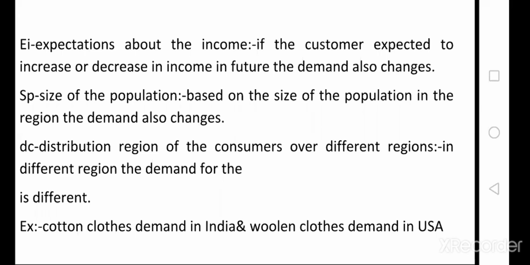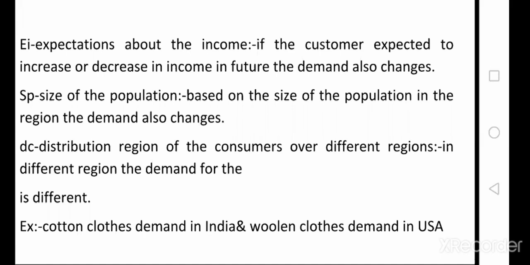At the same time, depending upon those regions, climatic factors also determine the demand for a product. For example, cotton clothes are in demand in India and woolen clothes are in demand in the USA. Our climate is hot compared to the USA, so we give preference to purchasing cotton clothes.